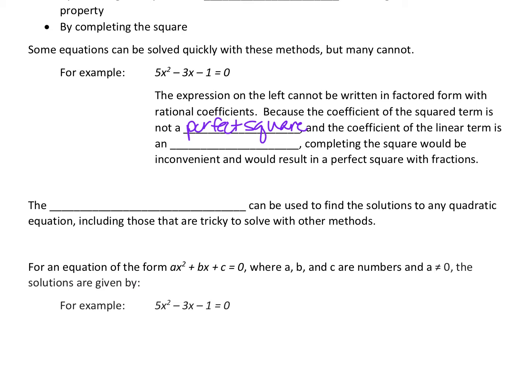The linear term is the one that has the x raised to the first power, and because the linear term is an odd number, completing the square would be inconvenient and would result in a perfect square with fractions. So the quadratic formula can be used to find solutions to any quadratic equation, including those that are tricky to solve with other methods.